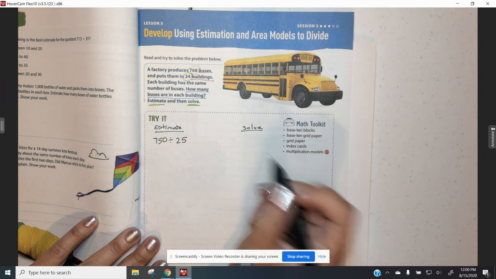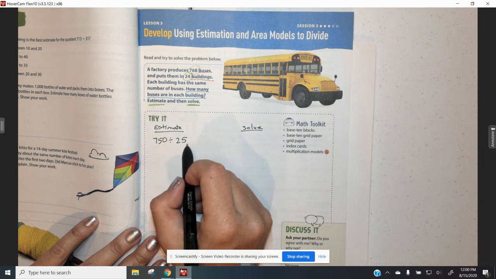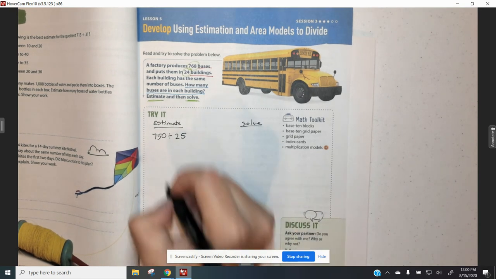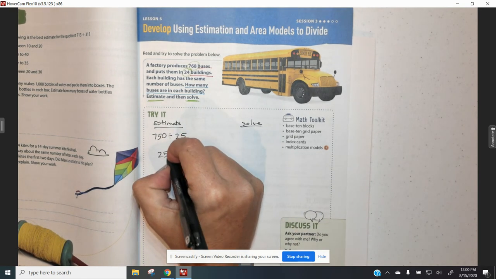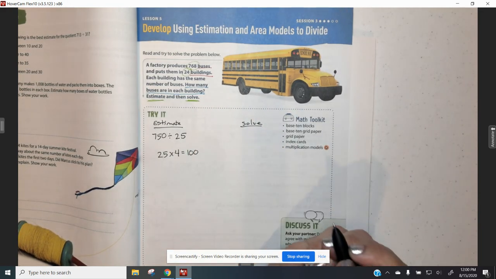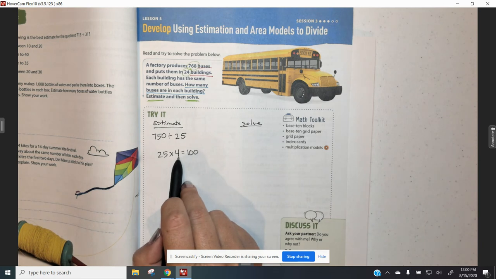Then we need to think, okay, about how many times can 25 go into 750? Well, I know that 25 times 4 equals 100. So I know that it definitely goes in 4 times.